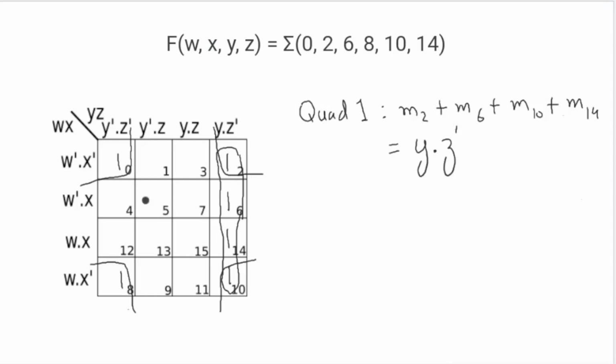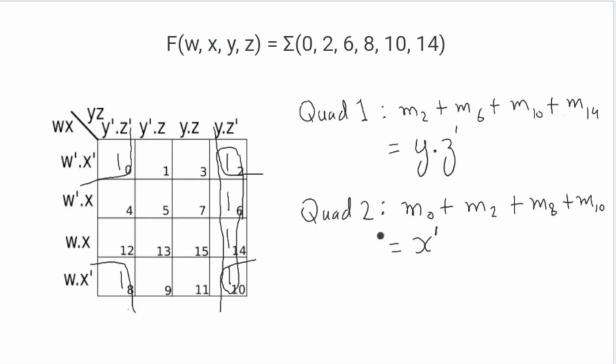Let's talk about the other quad, which is formed by taking the corner ones. So we'll call it quad 2. Let's identify the quad. So M0 plus M2 plus M8 plus M10. And if we notice on the sides over here, W is changing the state, X complement is same, so we'll take X complement.